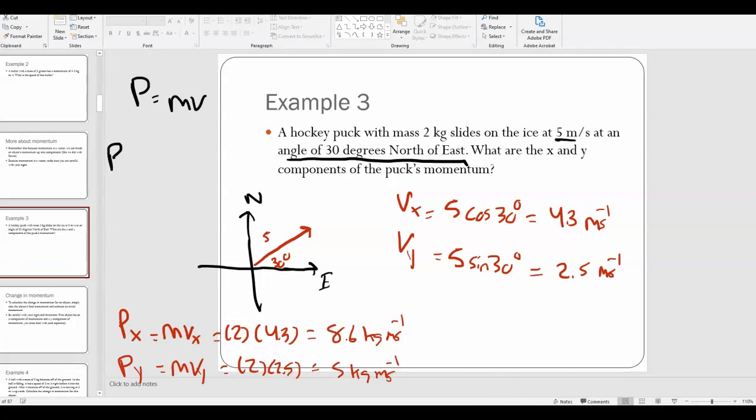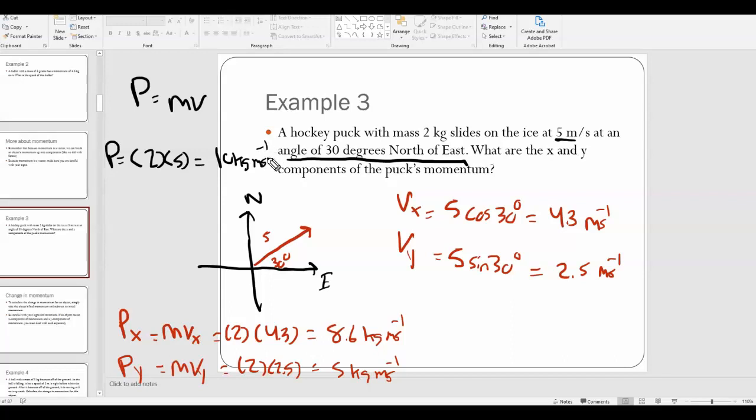Now, the other way that I could have done this problem, which would be equally valid, was I could have just started off by saying momentum is mass times velocity. So if I do 2 times 5, that is going to give me the magnitude, the size of the momentum vector, which would be 10 kilogram meters per second.